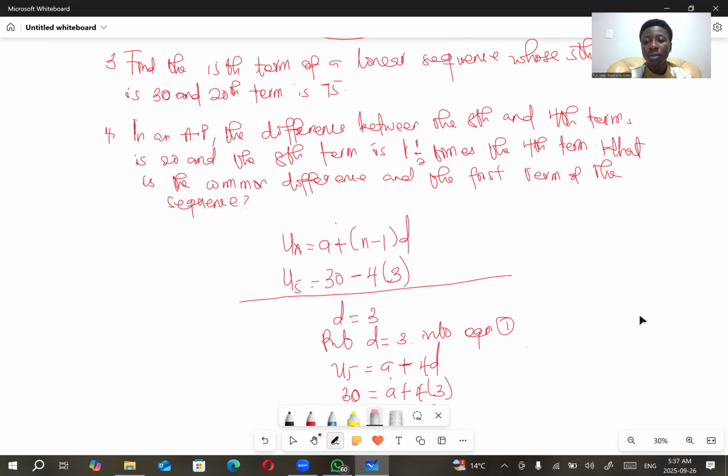In an AP, the difference between the 8th and the 4th term is 20, and the 8th term is 1 whole number 1 over 2 times the 4th term. No, read it properly.